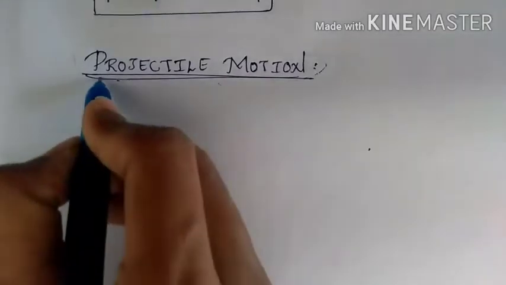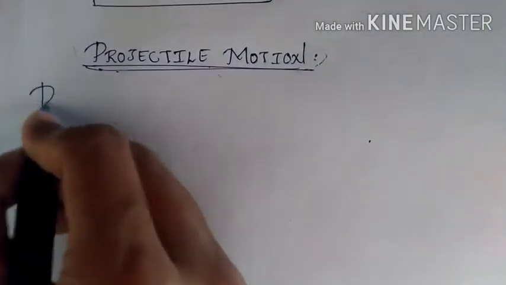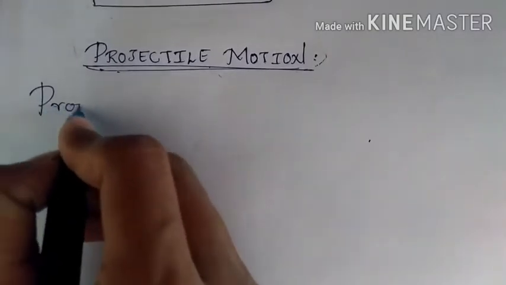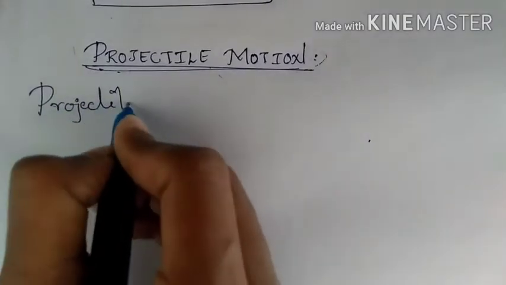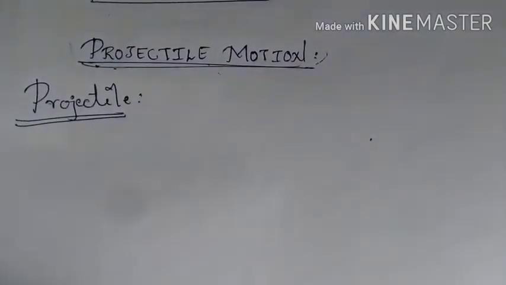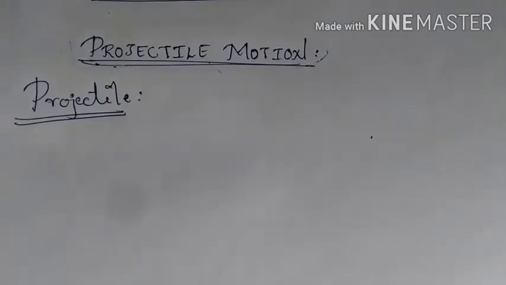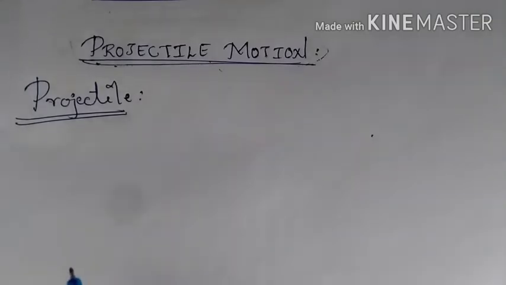The first is, what is a projectile? Let me write the definition. It is an object or particle which is thrown with an initial velocity, and then this object is allowed to move under the action of gravity, and then it comes back to the ground.